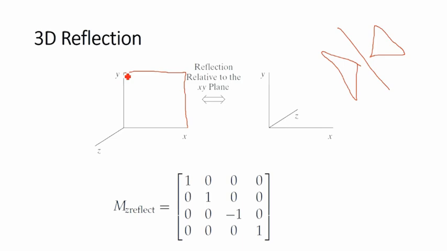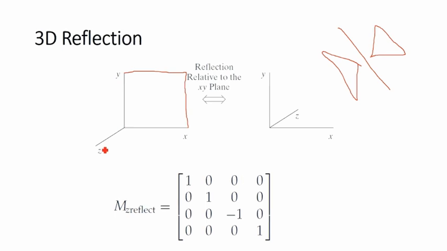Now if we consider the xy plane as our reference and reflect, this xy plane acts as a mirror, so whatever we have here should get inverted, right? So the z-axis gets inverted here.